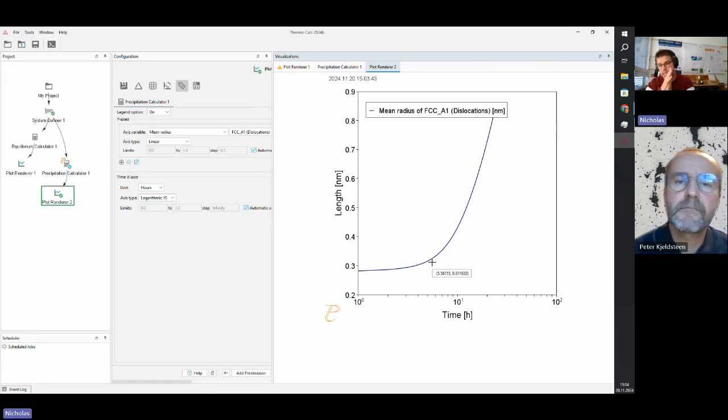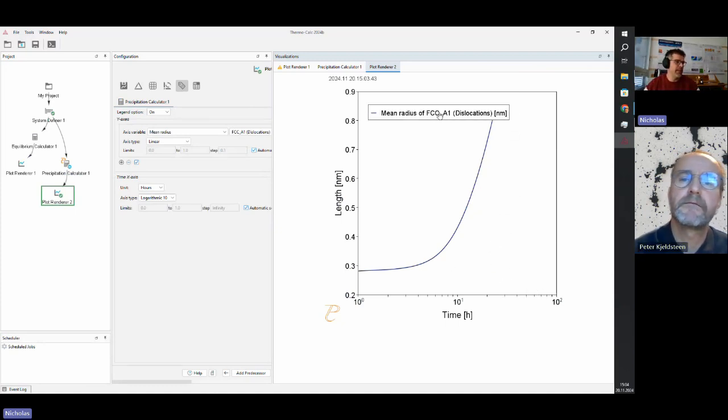But I do have to say, it doesn't happen so fast, right? And then they grow, and after 1 day they have reached, let's say, close to 1 nanometer. Yeah.